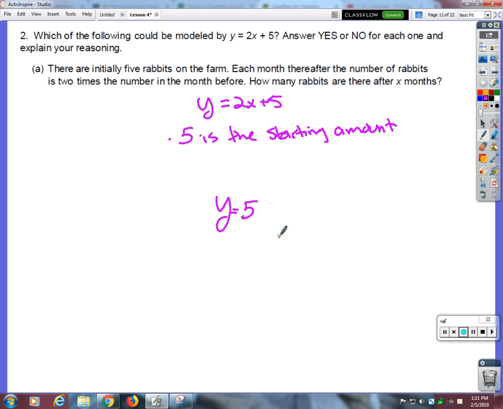It starts with 5 because that's how many rabbits we have to start with. It's not plus because what's happening to the number of rabbits? They're multiplying, okay? So, Matthew, no. It doesn't fit because they're multiplying by 2 each time. What is the equation that we use for when you are multiplying? Jaron?